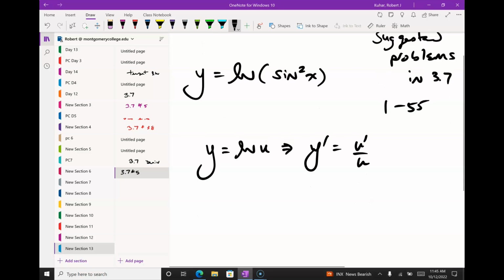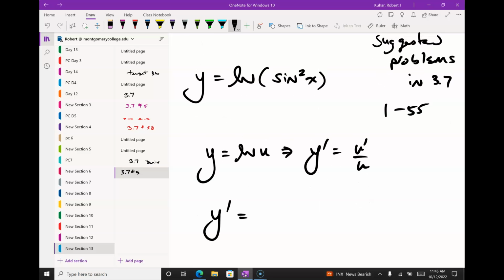So what's my inside? Okay, so that's going to be my denominator, right? And the derivative of the inside, we already did today, is 2 times the sine of x times another cos of x. Agreed?